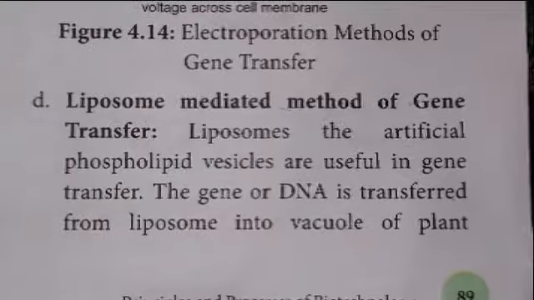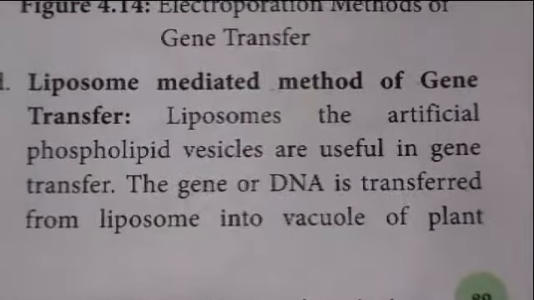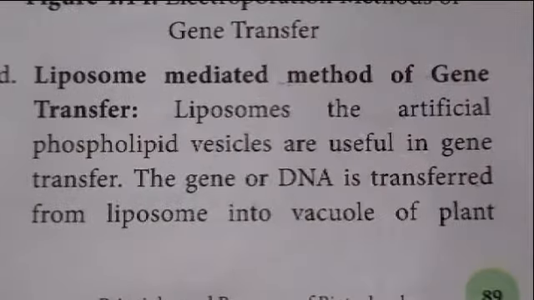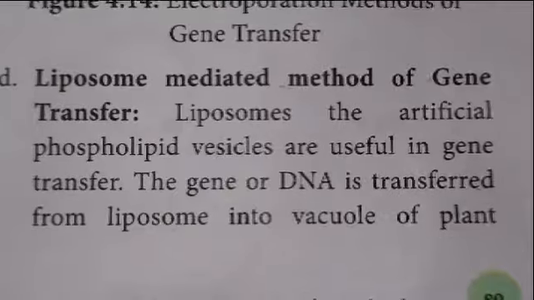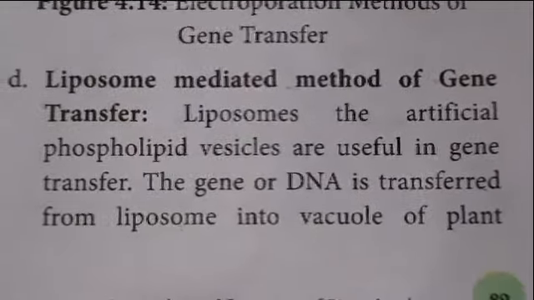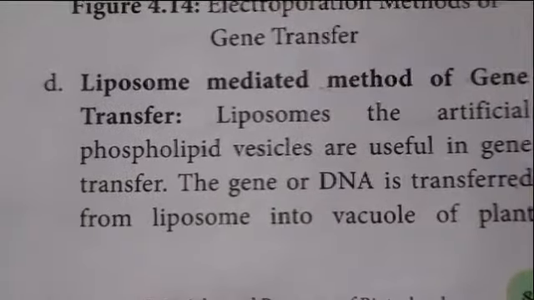The next type is the liposome mediated method of gene transfer in plants. Liposomes are artificially made phospholipid vesicles which are useful in gene transfer, used to transfer the foreign DNA into the plant cell.